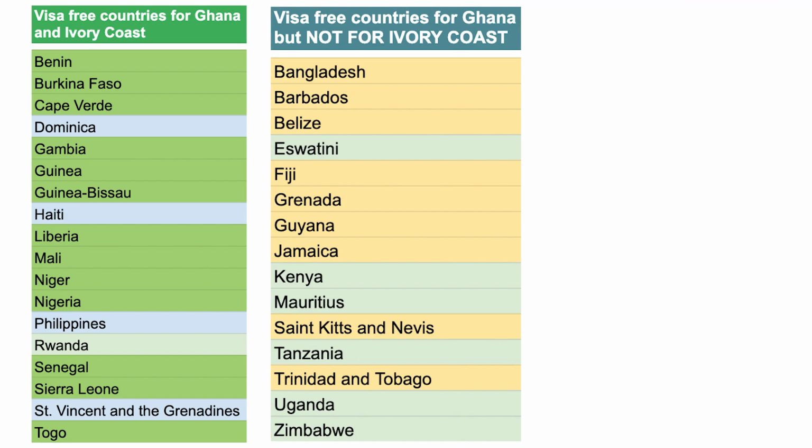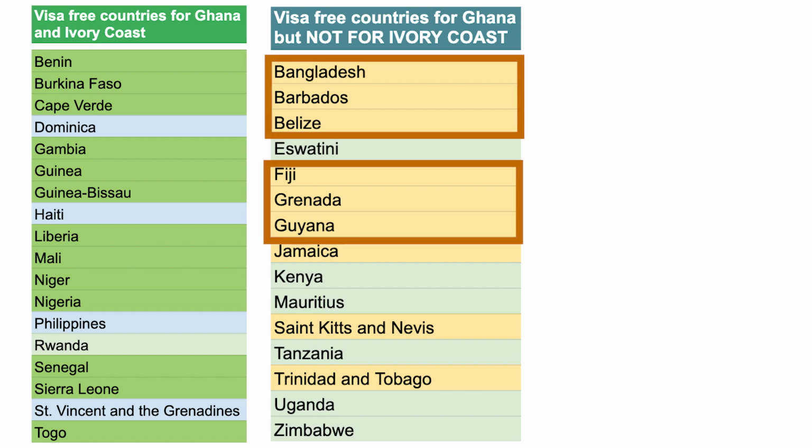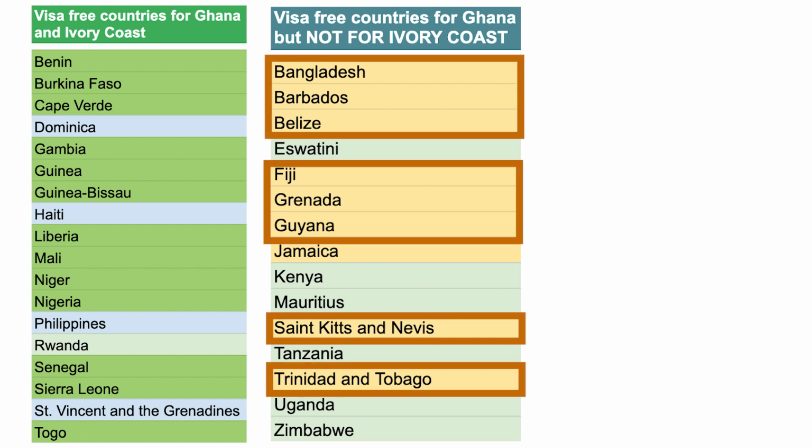So for Ghana, you have Bangladesh, Barbados, Belize, all these in kind of a yellow color, countries that are outside Africa.